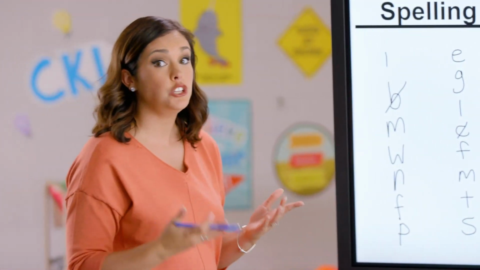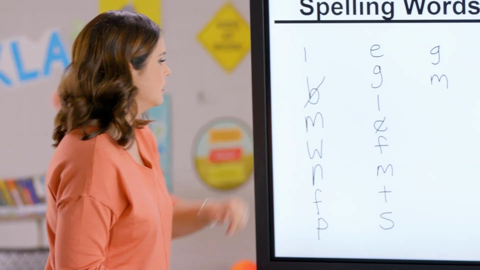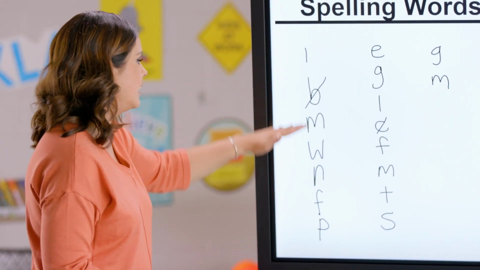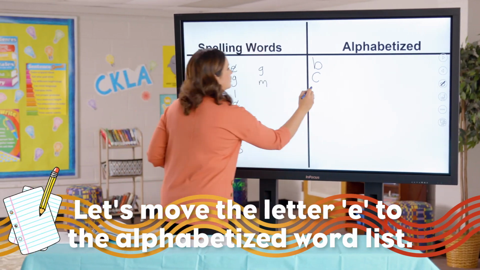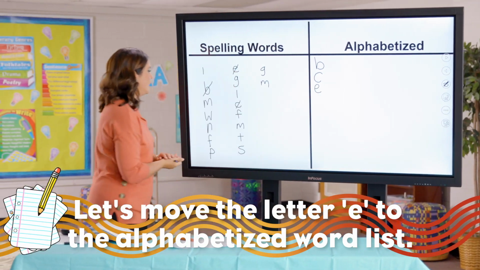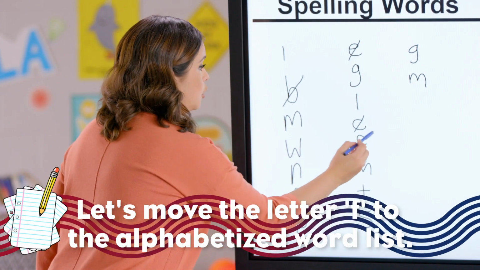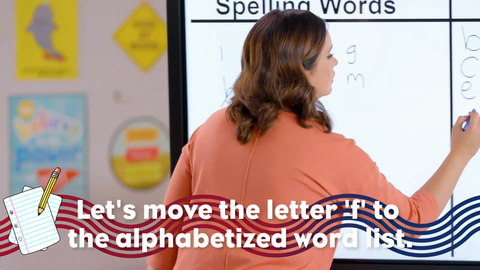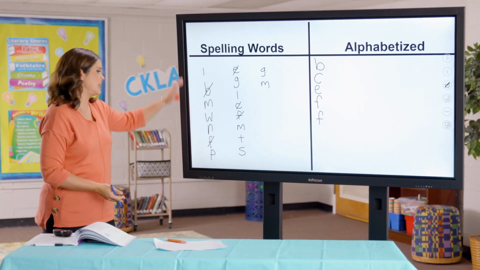Now let's continue looking. D. I don't see any D's. E. I see one E. F. We have two F's. What about G?